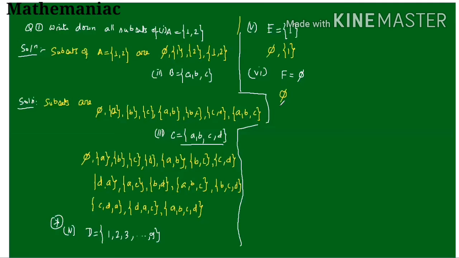So this itself is the required subset. So this is the observation you have to make, that if I consider an empty set, it has got only itself as its subset, right? So that is a very important part to be noticed.